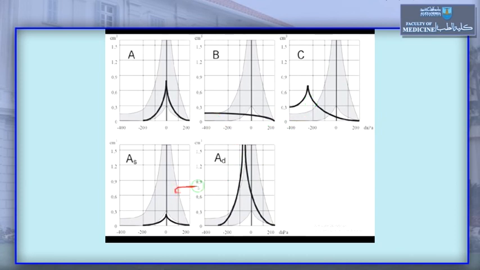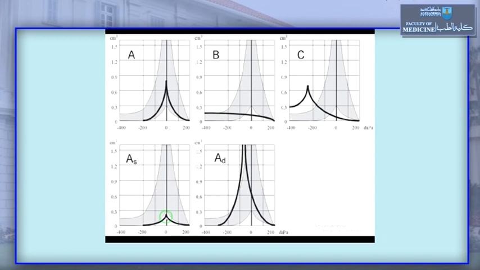Look at the bottom panels. We have the one on the left. It's called type AS tympanogram. The pressure is okay, is at 0. Peak pressure occurs at 0, but the compliance is short or stunted. We call it type AS because it's stunted or short, and that's diagnostic for otosclerosis.